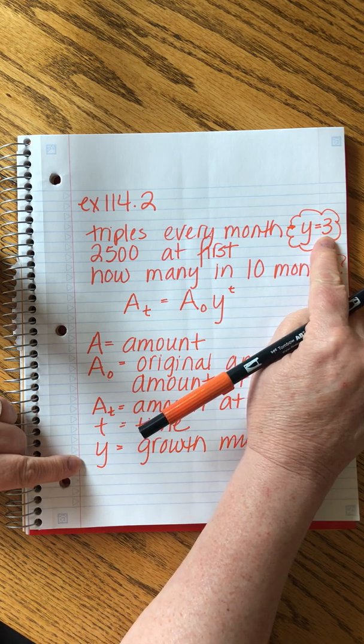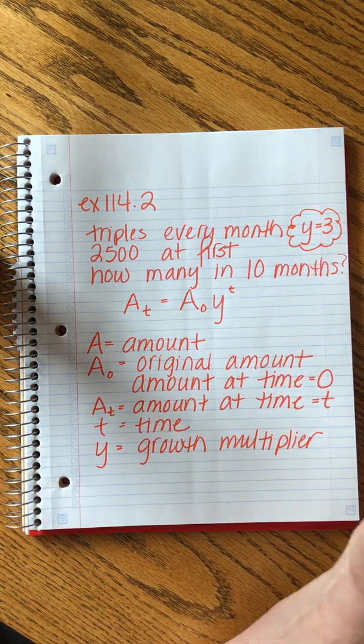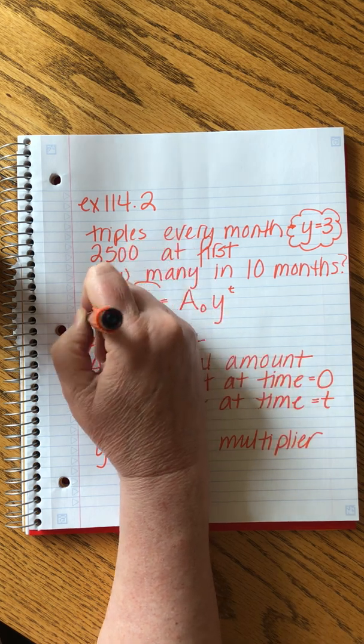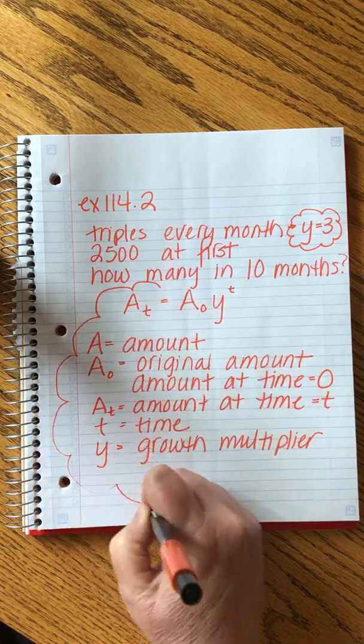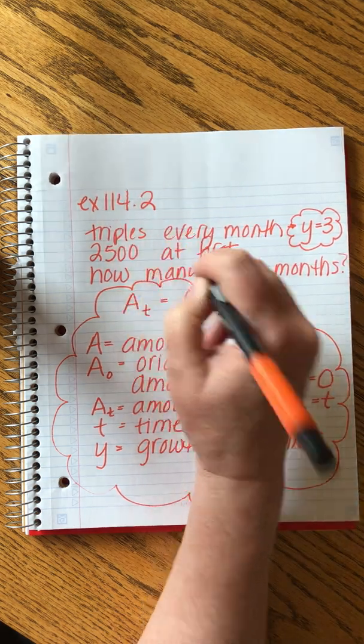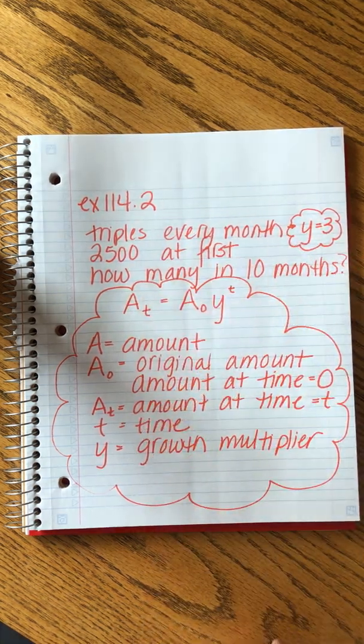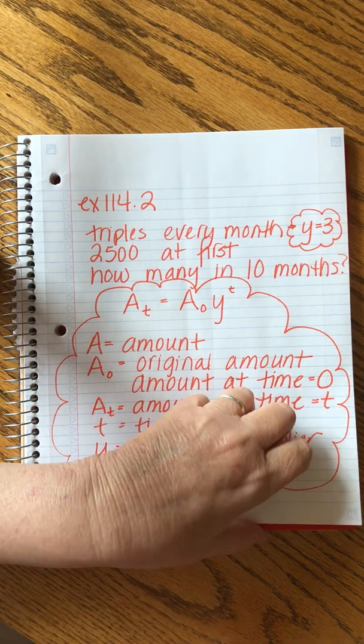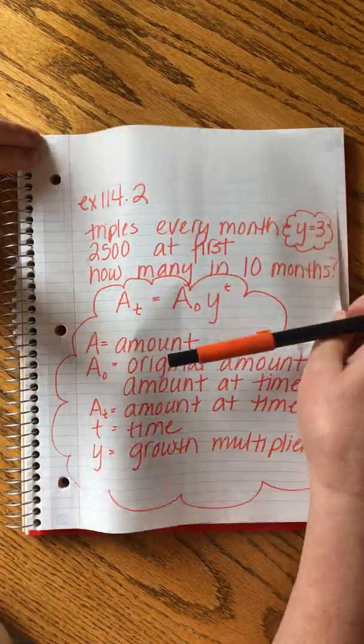So that's our growth multiplier. That's kind of confusing. I will grant you that. I'll give you a hint. Next year, we're going to change the way that growth multiplier thing is worded. It's simplifying it for you just a little bit. We'll go next year and it'll make more sense.